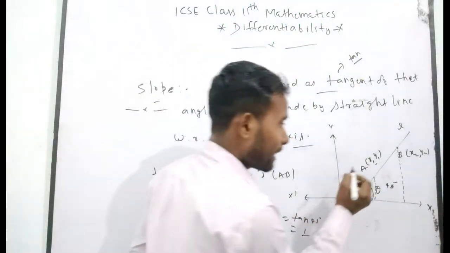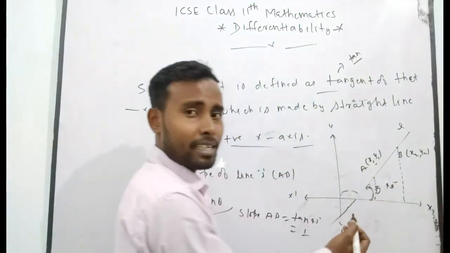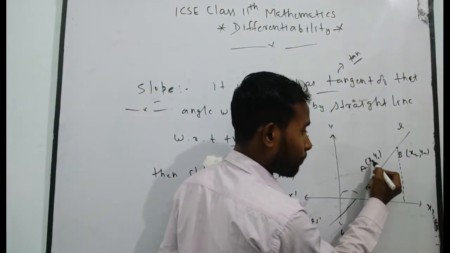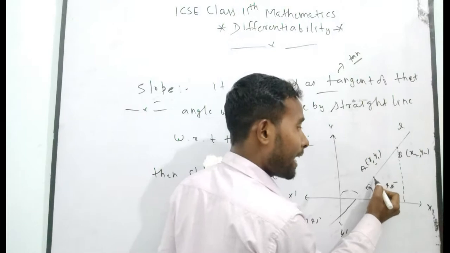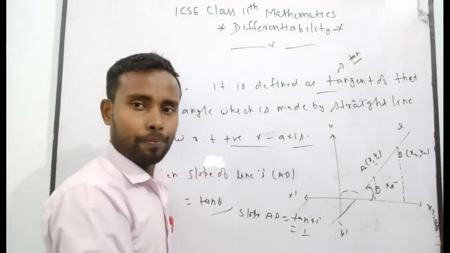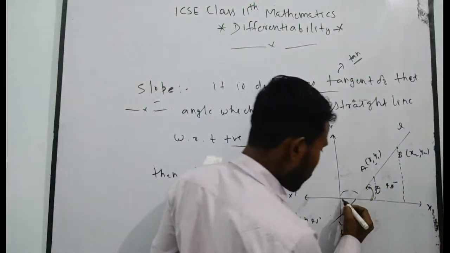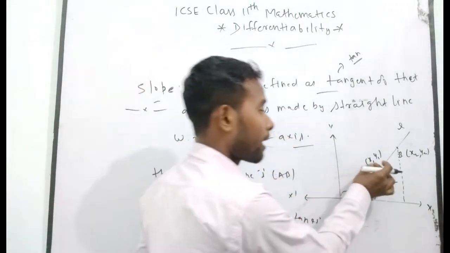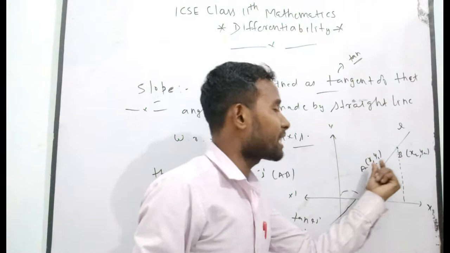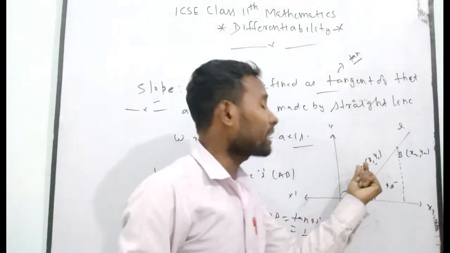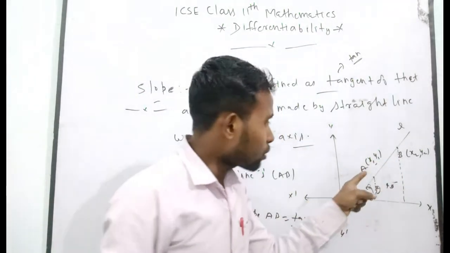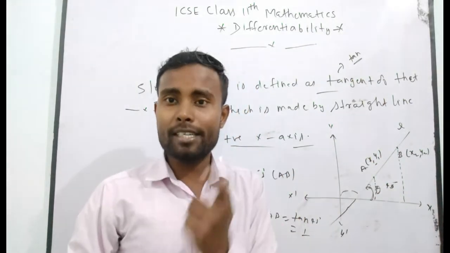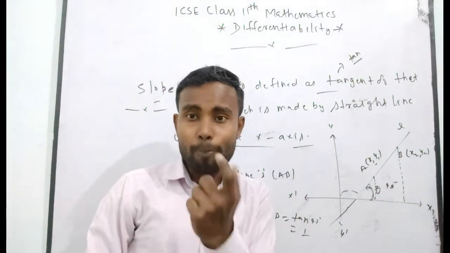See here carefully. The coordinate of A will be x1 y1. x1 is the abscissa, y1 is the ordinate. What is x1? The abscissa is defined as the perpendicular distance from the y-axis to that point.